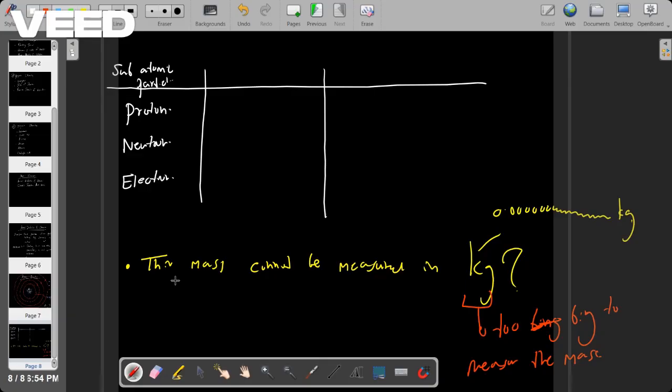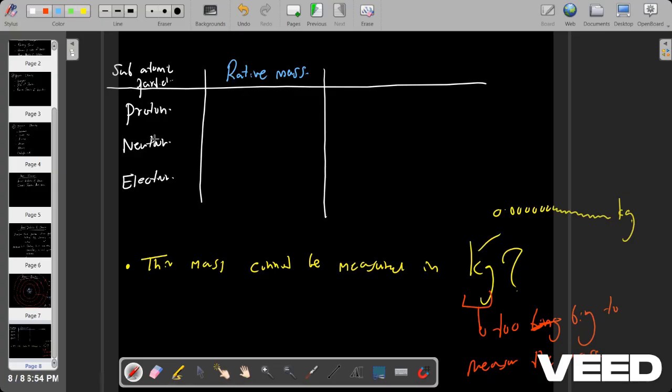So therefore, they had to come up with a different unit. They call it not kilograms, but relative mass. So you call it relative mass. They are just comparing the masses of these subatomic particles with each other.